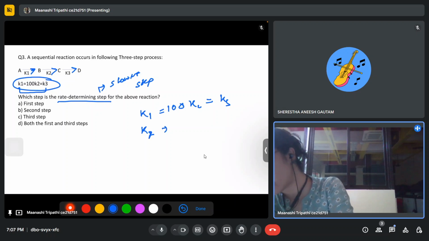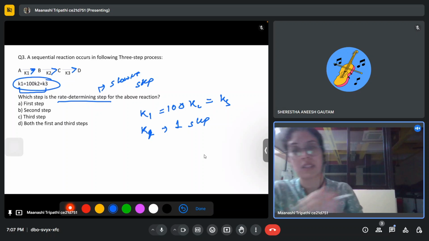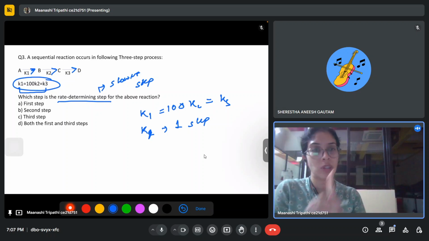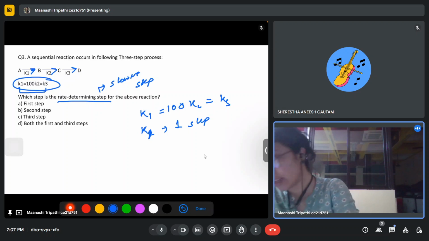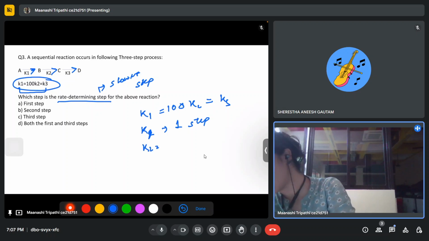If K1 has to take one step, then for the similar distance, K2 has to take 100 steps.